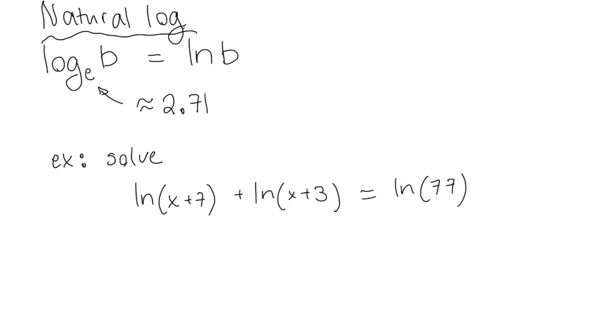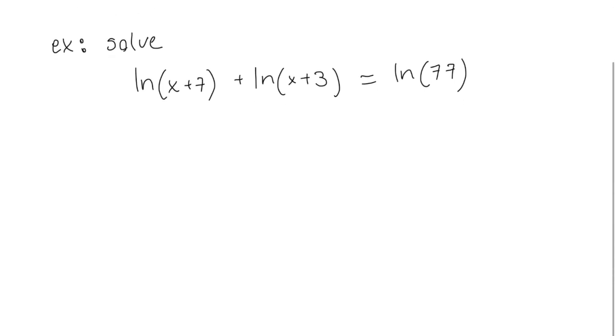Then we can actually drop the logarithms and make the arguments equal to one another. Okay, that's only if we have a single logarithm equal to a single logarithm. We're not quite there yet, though. We have the sum of two logarithms equal to a single logarithm. So what we need to do is use our log laws to change the left side into a single logarithm.